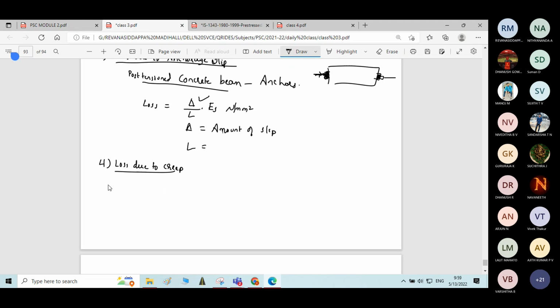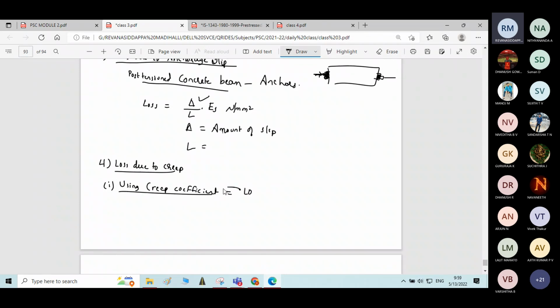It is calculated in two ways. Using the creep coefficient, we can calculate the loss of pre-stress due to creep.